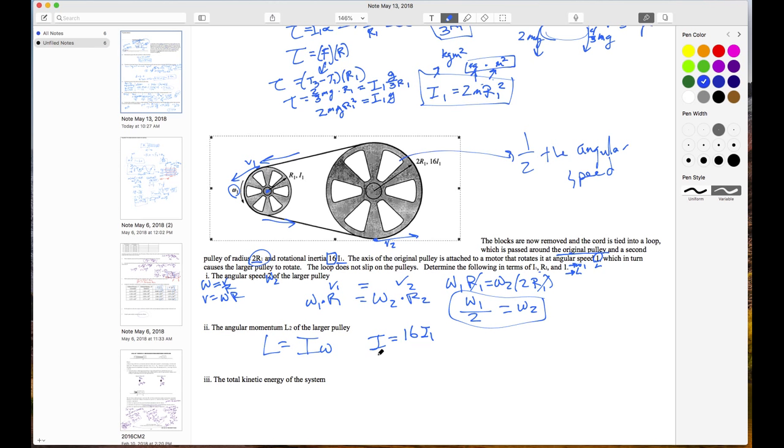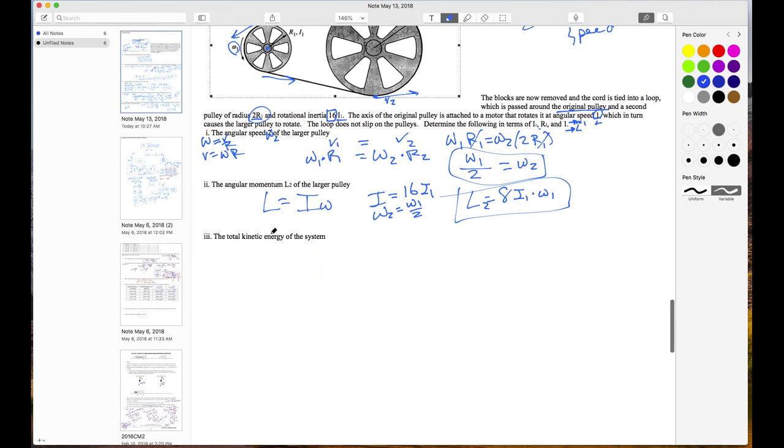We know the angular speed, rather. And if we plug these in, we just get L equals 8I1 times omega 1. This half in this 16 turned into an 8. And that is sufficient. So this is the angular momentum of the larger pulley.